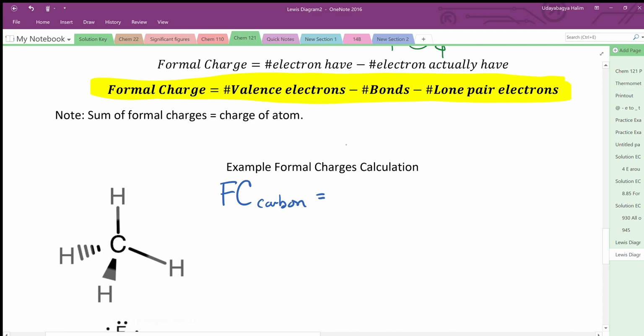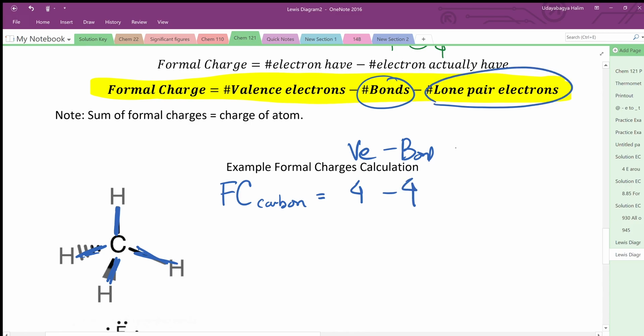What is the number of valence electrons of carbon? It's 4. Carbon has 4 valence electrons. And how many bonds does carbon have? There's 4 bonds, so 1, 2, 3, 4. And how many lone pair electrons does carbon have?